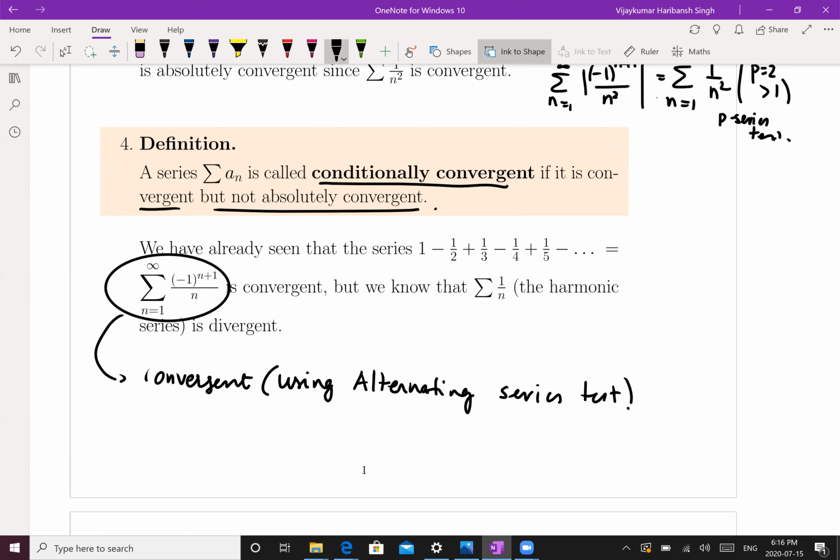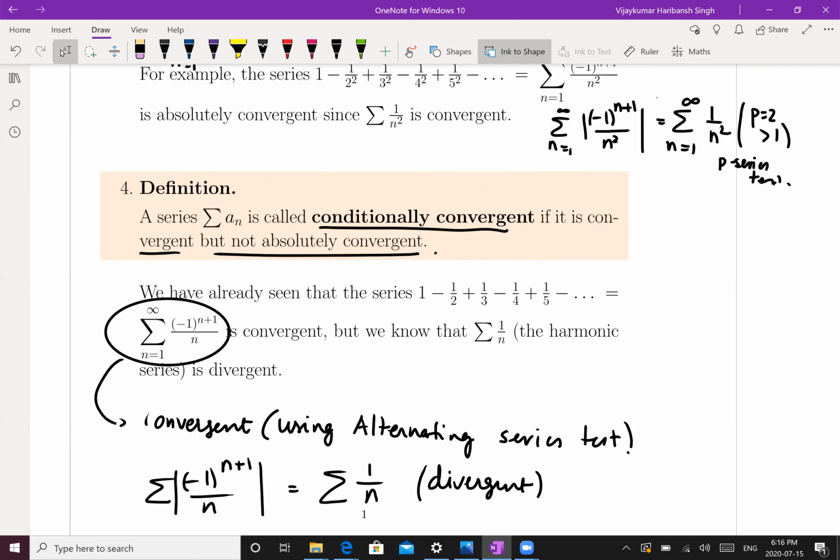However, if you take the absolute value of terms, we'll have 1 by n, which is a harmonic series, or p series with p equals 1, and is divergent. So such series are called conditionally convergent series. What is a conditionally convergent series? If they are convergent, but if you take the absolute value of terms, they are divergent.